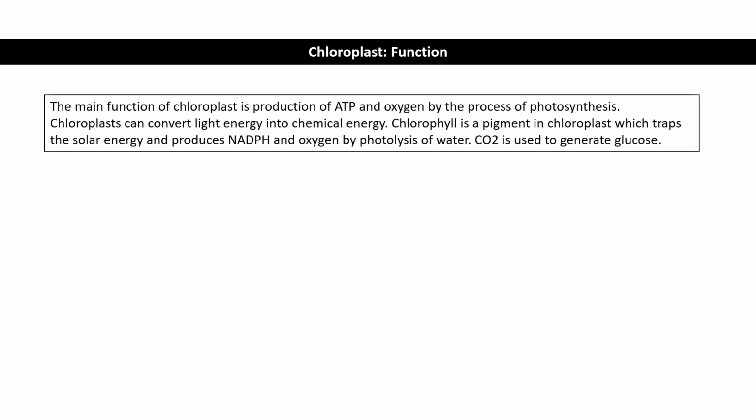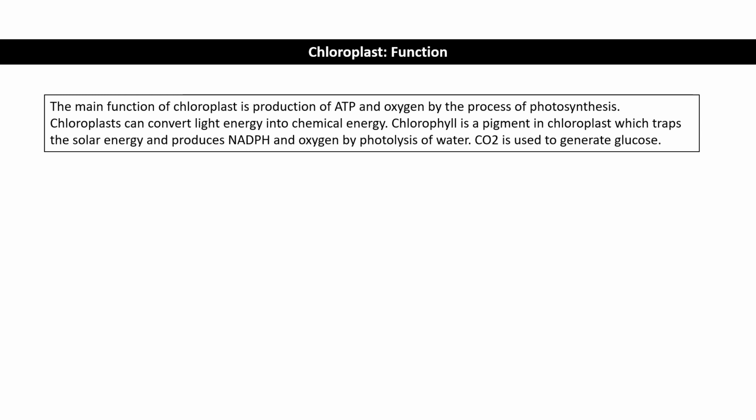What are the functions of chloroplast? So like I said, the main function of chloroplast is production of ATP and oxygen, and this happens by the process of photosynthesis. Chloroplast can convert light energy into chemical energy. Chlorophyll is a pigment present in chloroplast that traps the solar energy from the sun and then produces NADPH and oxygen by photolysis of water.